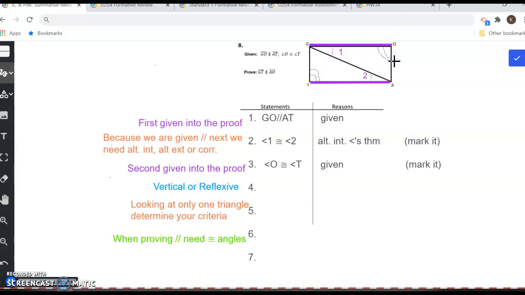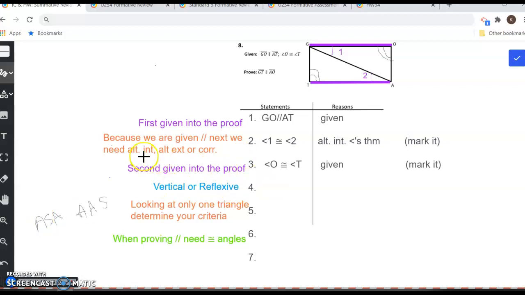Okay, so now I've got 2 sets of angles. So when I prove my triangles congruent, I've got 2 angles and probably a side. So it takes my criteria down to either angle, angle, side, or angle, side, angle. Those are really my only options since I already have 2 angles in my picture.